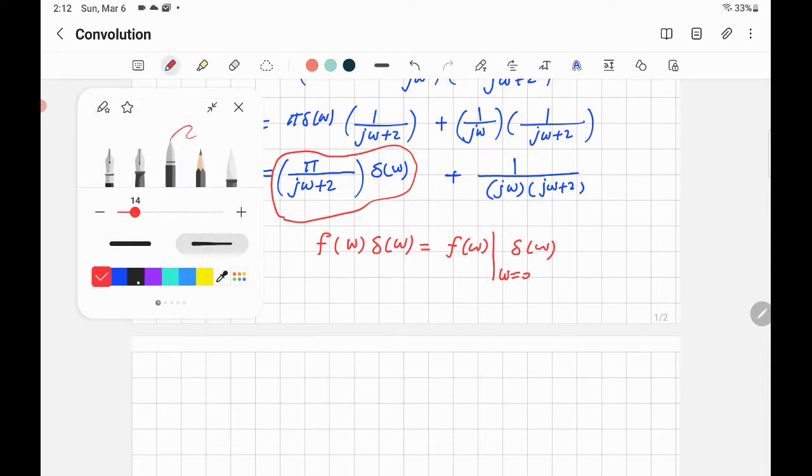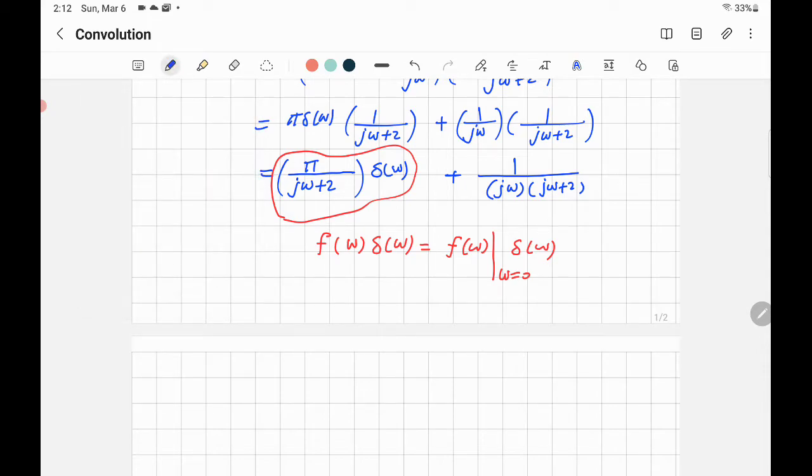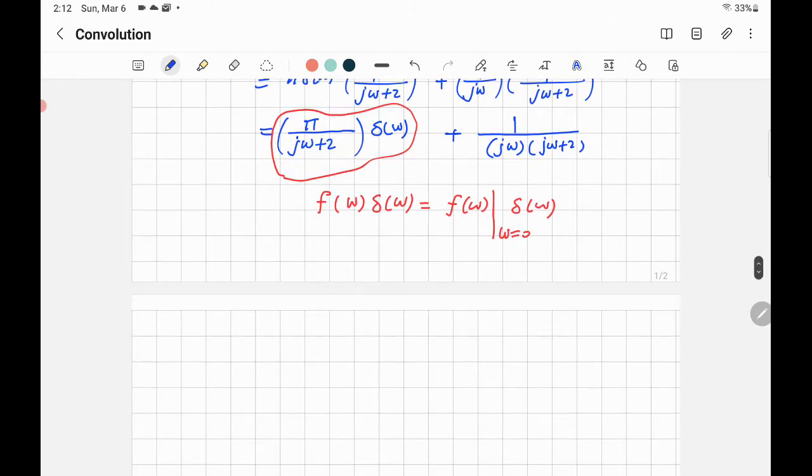That's one property of the impulse when you multiply it by a function of omega. In this case, we can write the first term, pi over j omega plus 2, that's the function, times delta omega, will be equal to this function when omega equals 0, pi over 2 times delta omega. So that's the first term.